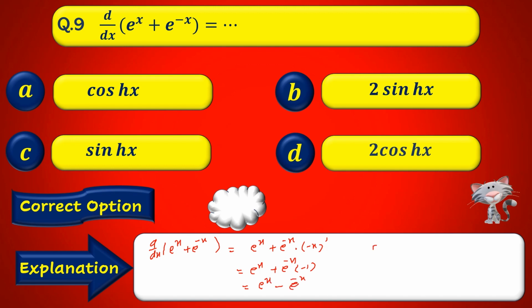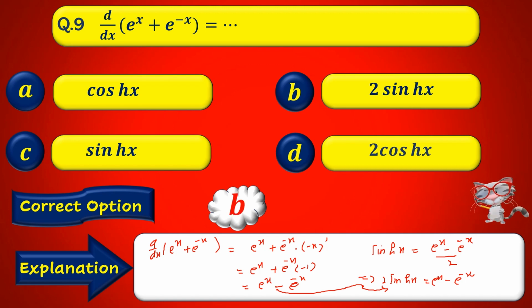We know that by the definition of hyperbolic sine x, it is equal to e^x minus e^(-x) over 2, and it can be written as 2 sinh x is equal to e^x minus e^(-x). So e^x minus e^(-x) is equal to 2 sinh x. So the correct option is option B.